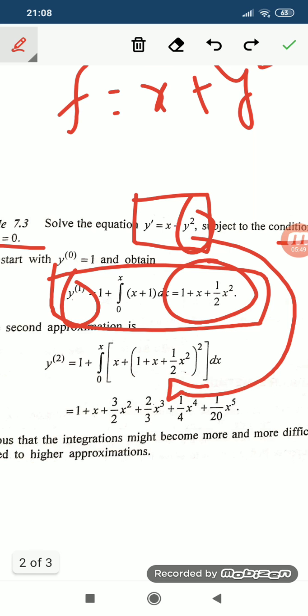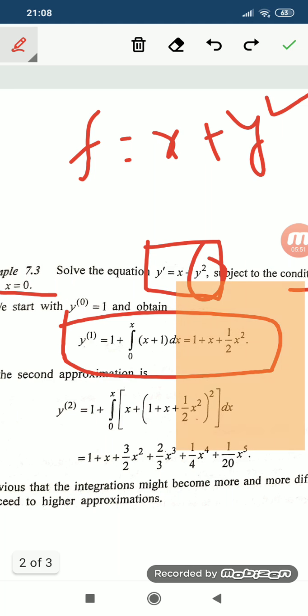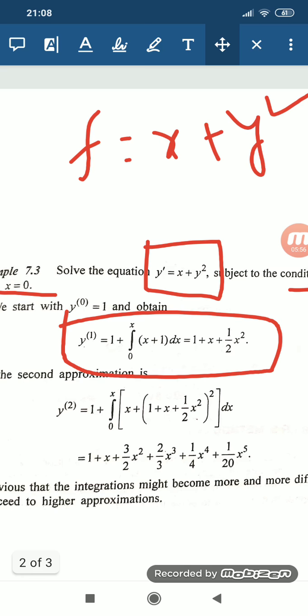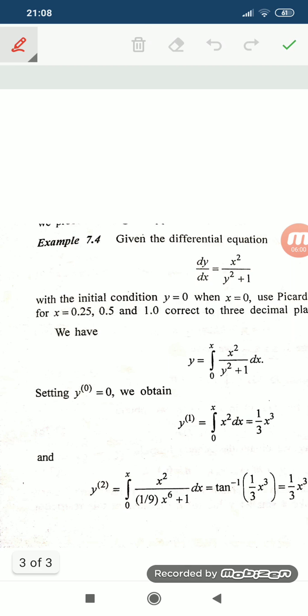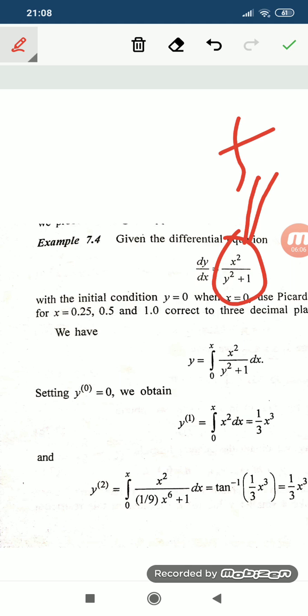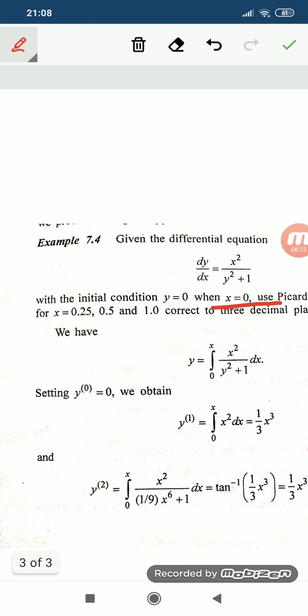Now let us look at another example and illustrate the method. Look at this particular example. In this case, this is our f of x, y, and your x naught is given, it is 0, and y naught is 0. So we will first find y1.